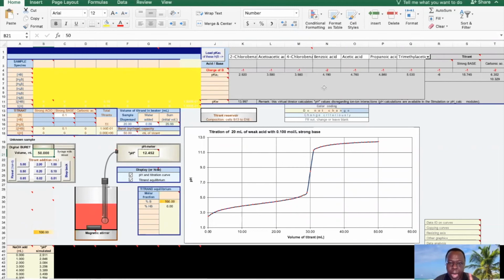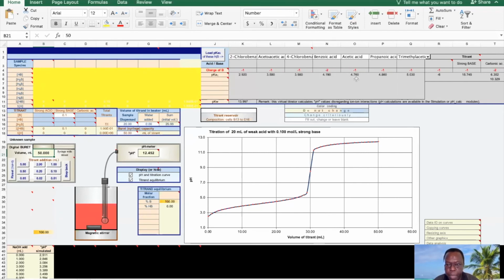So if my pH at a half equivalent is 4.190, then I know that is the pKa of my acid, and the acid I'm dealing with is benzoic acid.